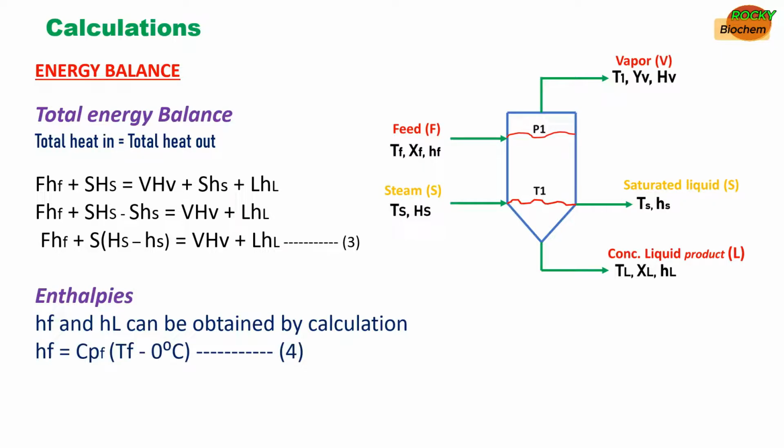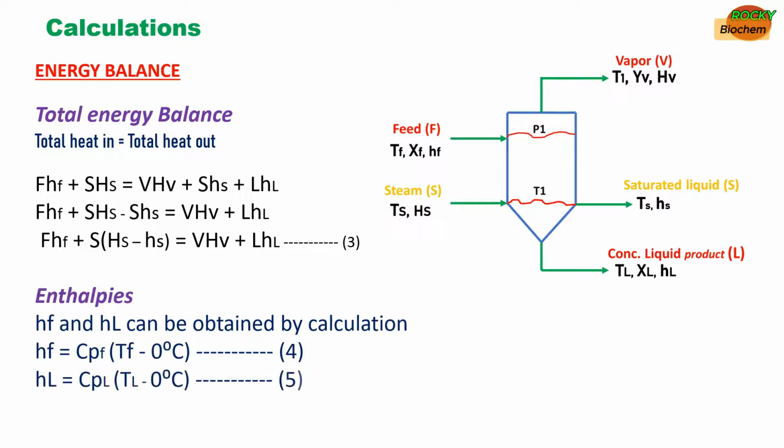For you to get the enthalpy of the feed, it is just a matter of multiplying the specific heat capacity of the feed by the temperature of the feed minus 0 degrees Celsius, which is the reference temperature. So when you fix in the values, you are good to go. CPF, that is the specific heat capacity of the incoming feed, is a constant, and normally it is given in the question, so you don't need to worry about that.